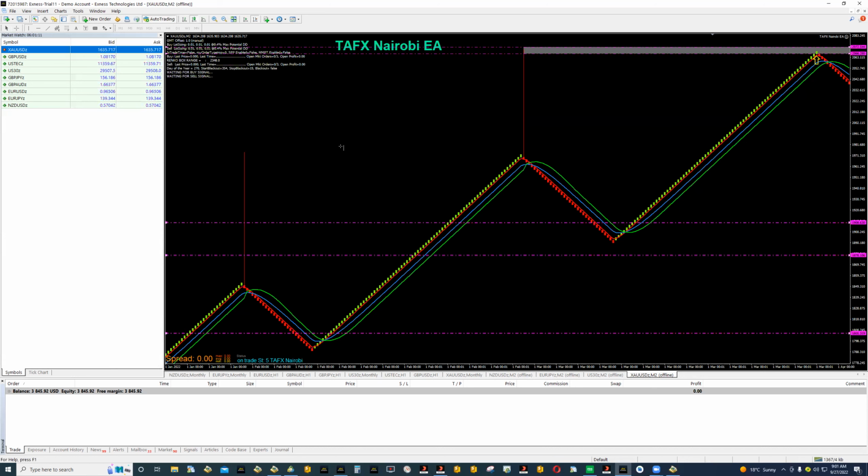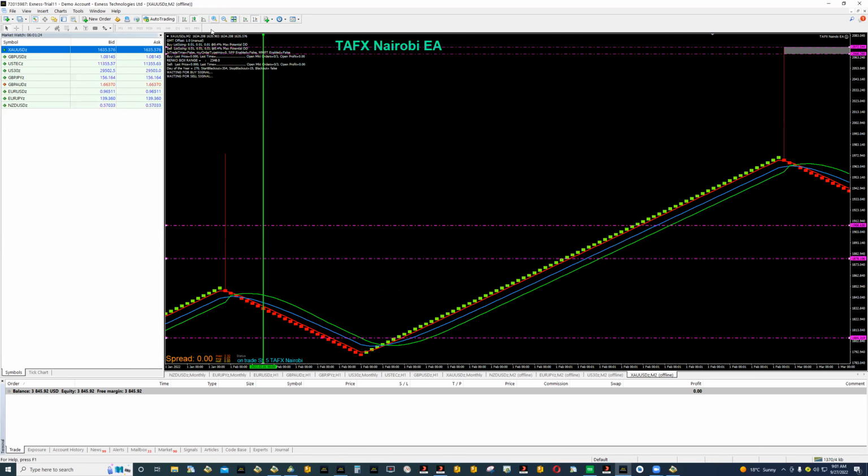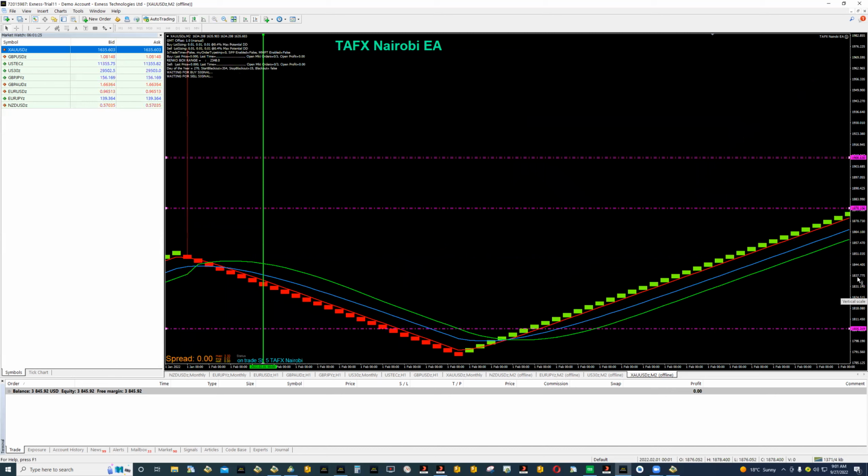All right, so let us see. I just want to show you something here, a good example that will surely help you learn something out of this. Now, guys, I want you to watch my video closely so that you can understand what I mean by this term. In this place, yes, there is a crossing of all three moving averages, but not in one place.